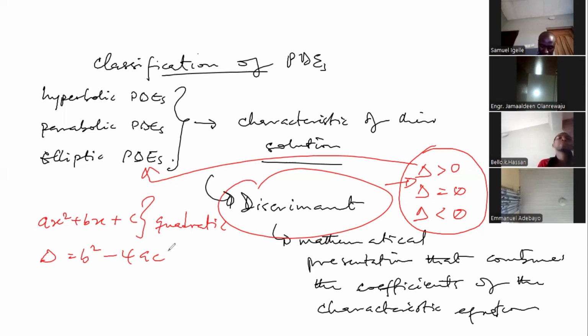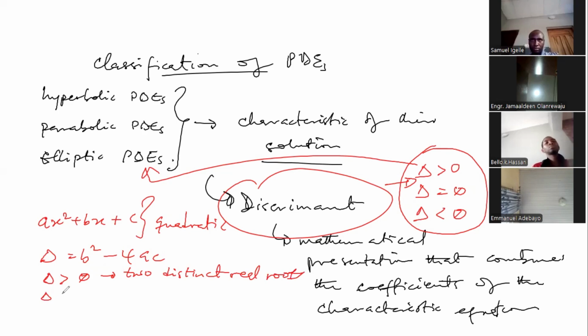So if this discriminant delta is greater than 0, we know that this quadratic function will have two distinct real roots.